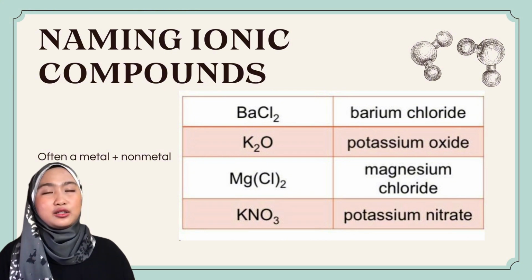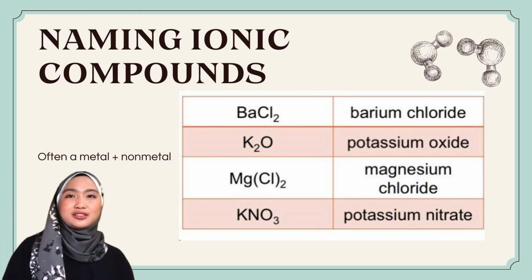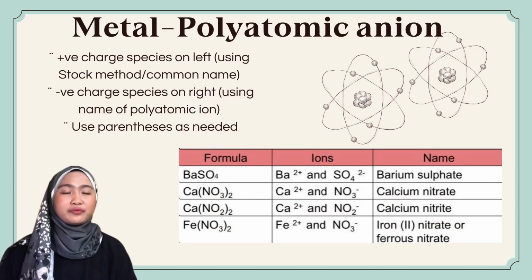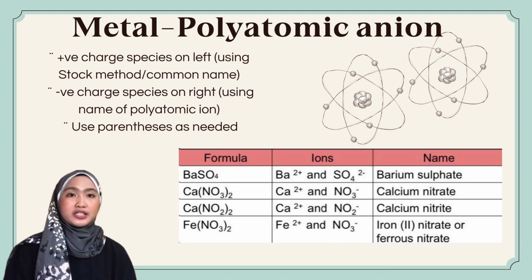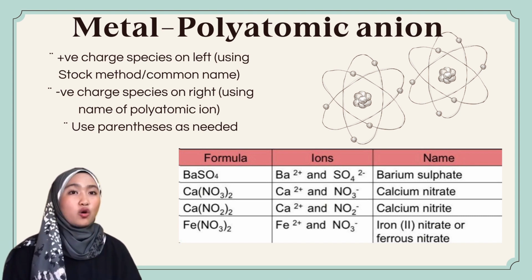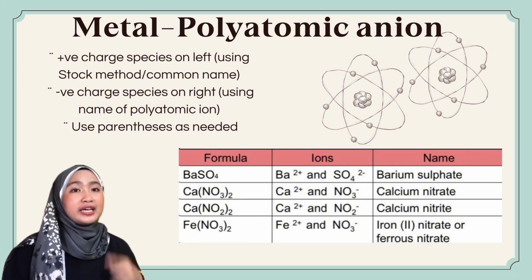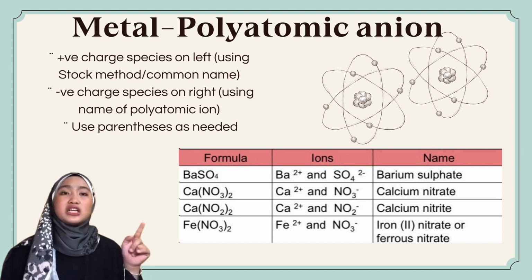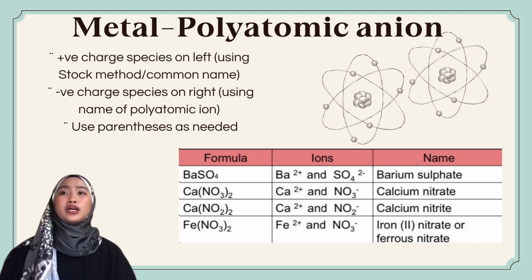For metal with polyatomic anion, the positive charge species is on the left, using the stock method or a common name.